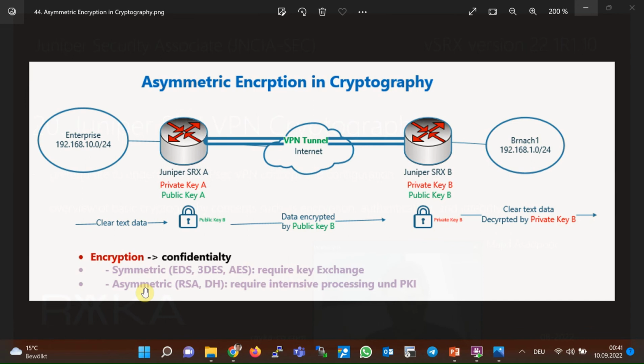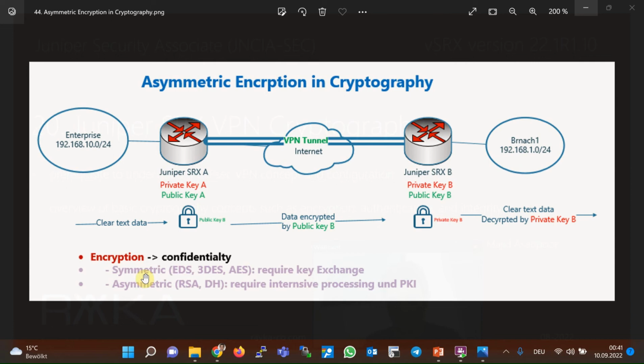Asymmetric encryption is another type of encryption which is less efficient than symmetric encryption. The advantage of asymmetric encryption is that it does not require a secure channel for keys to be exchanged between parties. In other words, public key can be easily exchanged between parties.